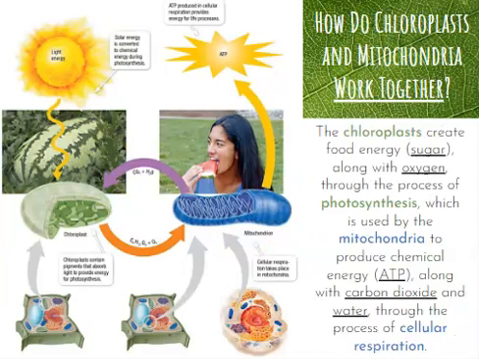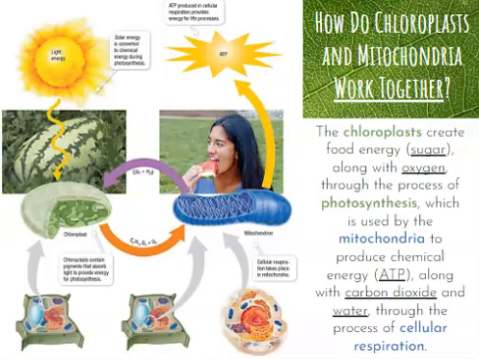So these two really work together in order to allow all organisms to survive. Chloroplasts create food energy, sugar, along with oxygen, to do photosynthesis. And then the mitochondria has to use that food to make ATP for cellular respiration.